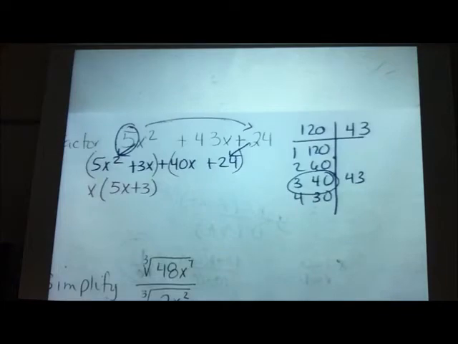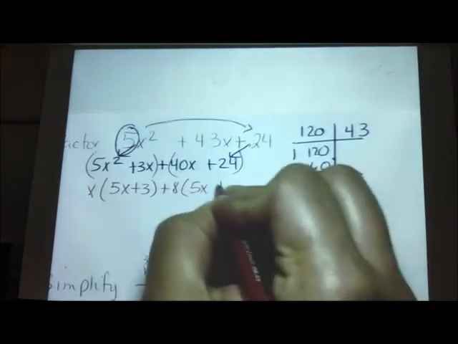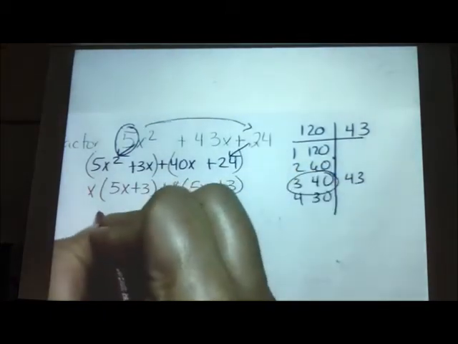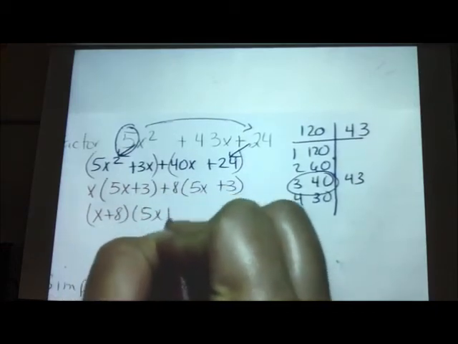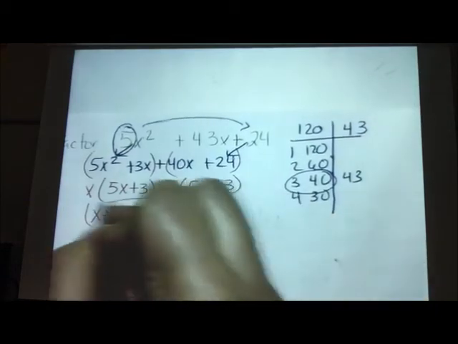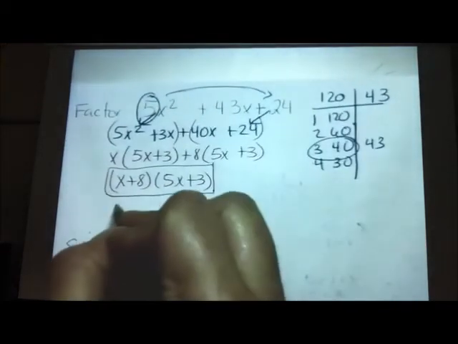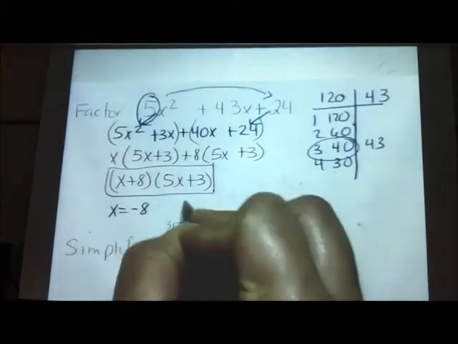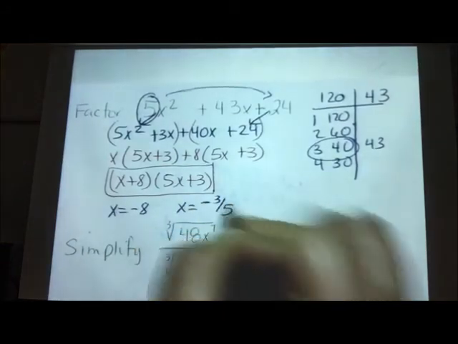They're both divisible by 8. So this becomes 5x plus 3 also. So my factors are x plus 8 and 5x plus 3. So if the question is just asking for the factors, that's your answer right there. But if they ask you to find the zeros, then you would set each one equal to 0. This one would become a negative 8, and this one would become a negative 3 over 5.